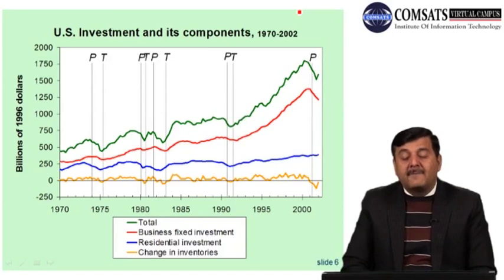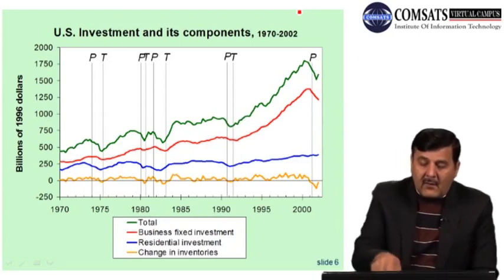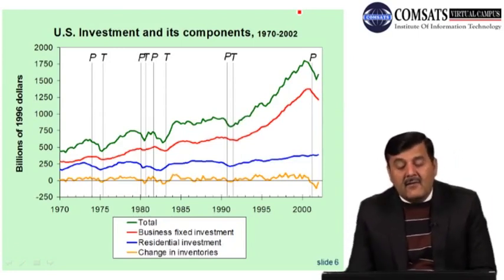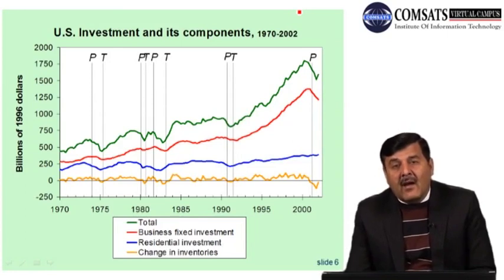If you see, we have graphed each type separately. The blue line is residential investment, the red line is business fixed investment, and this almost yellow line is the change in inventory investment.